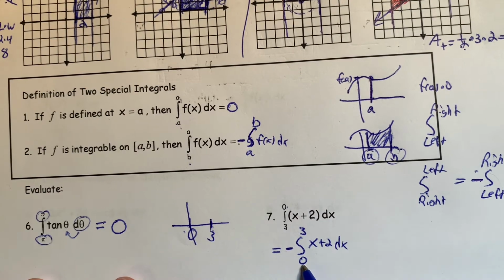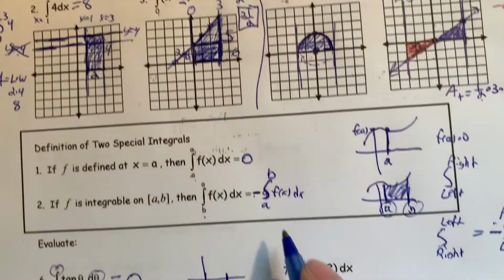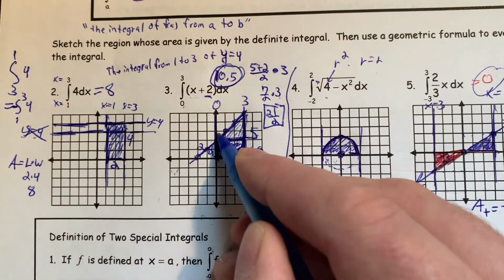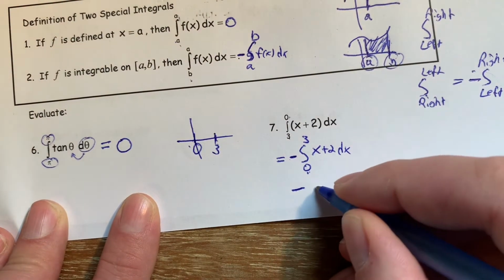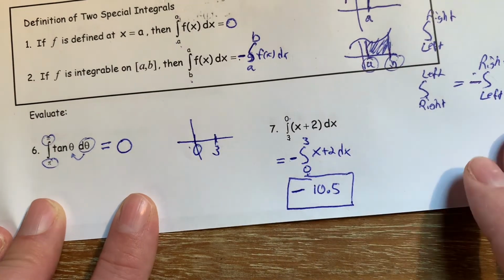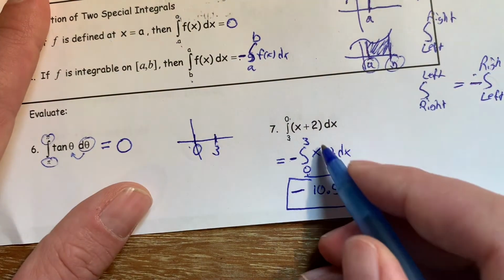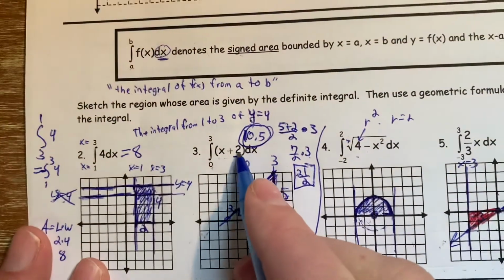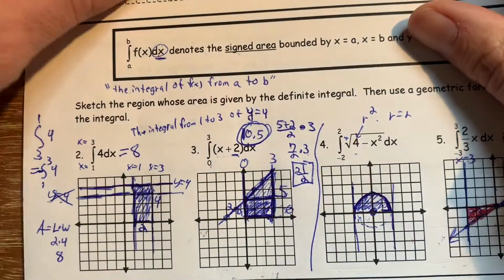So we already found the area from 0 to 3 of x plus 2. That was right here. That area was 10.5. And so this is the negative of that area, negative 10.5. Okay. You don't have to redo an integral. If you've already done an integral, like you found that area, great. Just make it negative.